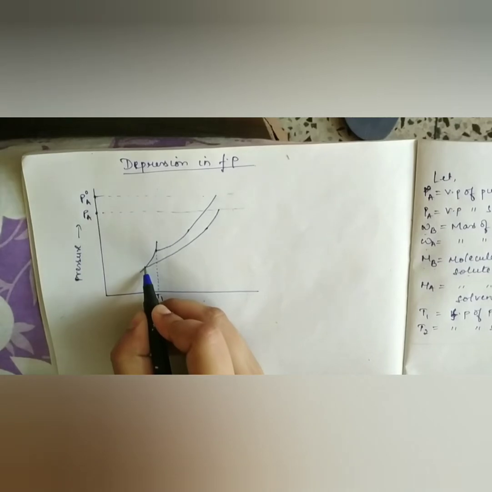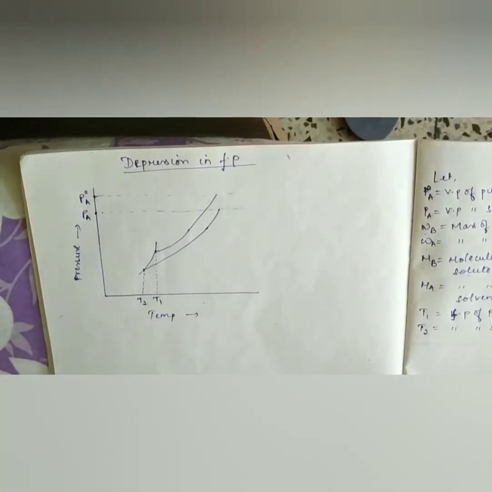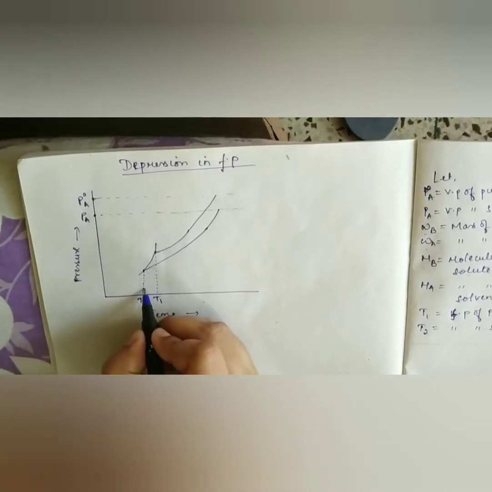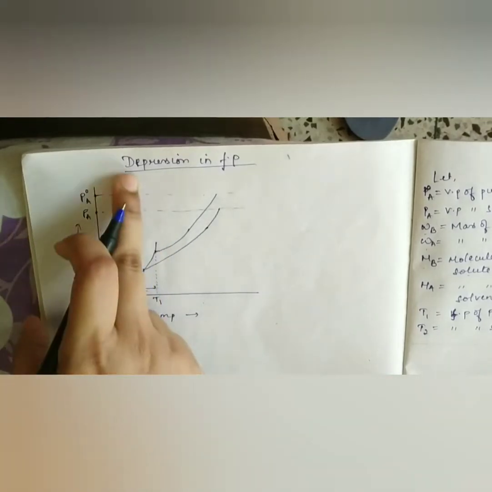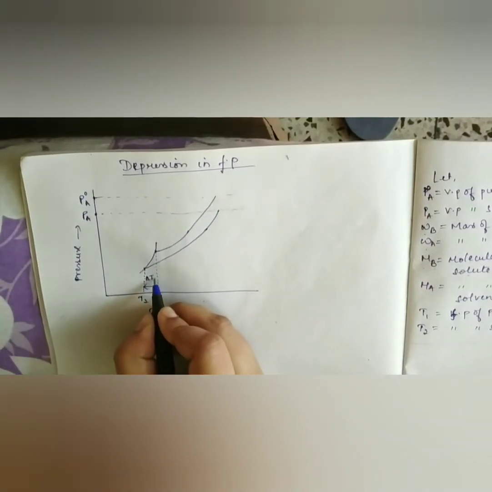So this temperature is the freezing point of the solution. You can see there is a lowering in the freezing point. The freezing point of the pure solvent is greater than the freezing point of the solution. This difference is known as the depression in freezing point, and it is denoted by delta TF.